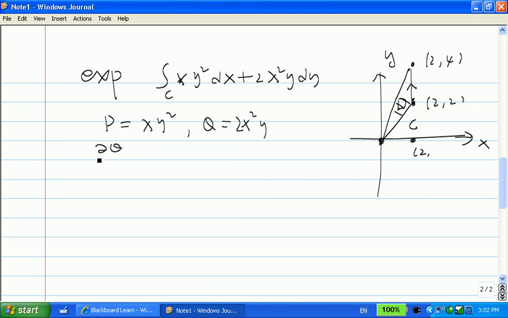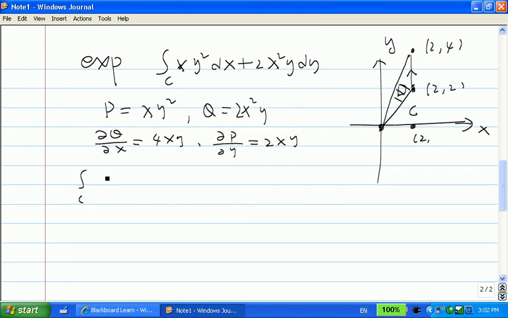Partial Q with respect to x, treat y as a constant, gives you 4xy. Partial P with respect to y gives you 2xy, treat x as a constant.